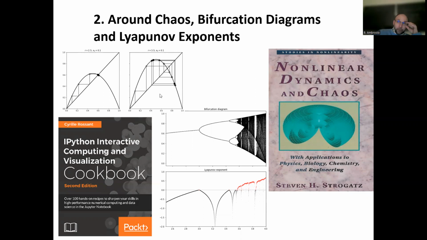And one of the properties of chaos is that two very close initial conditions will be exponentially far away after a certain amount of time. So it is explained in this book of Strogatz how from there you can define Lyapunov exponents.